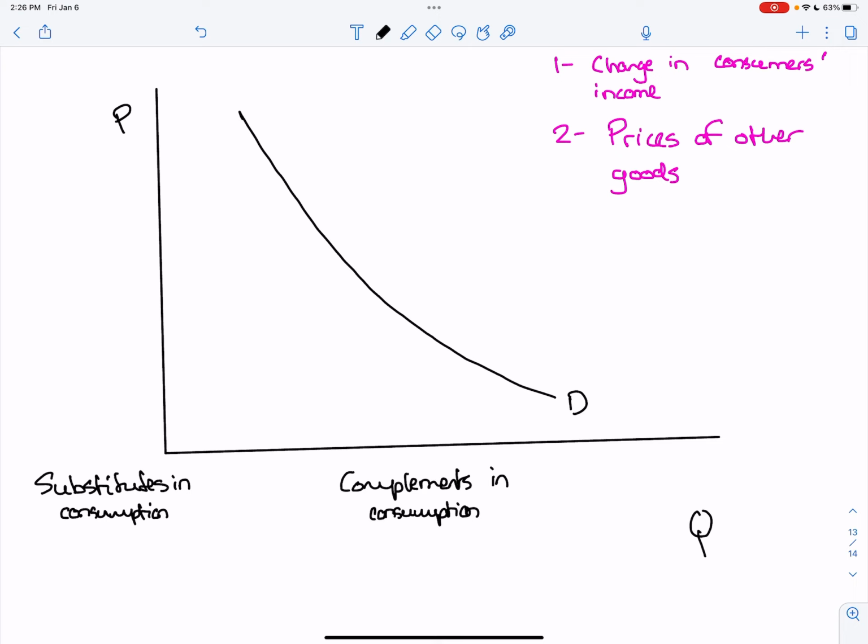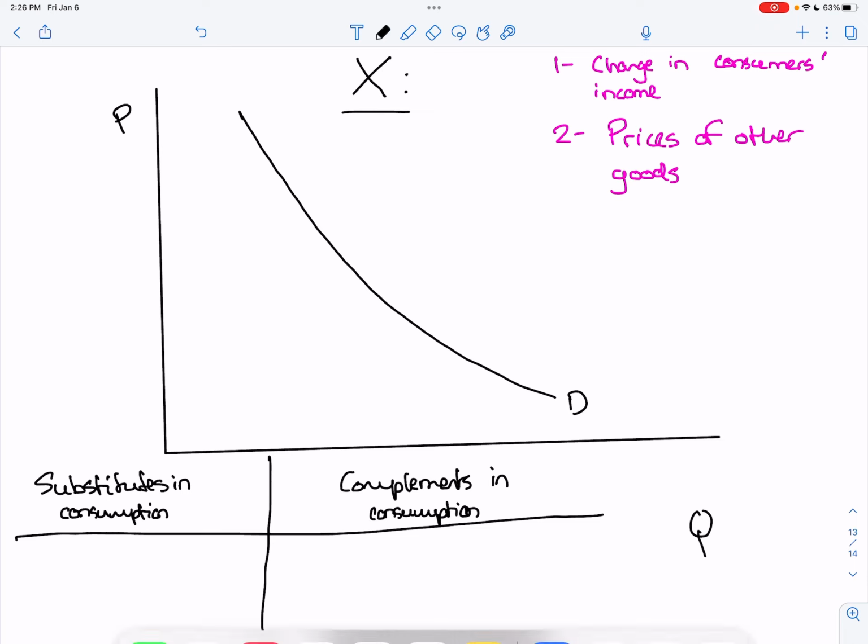Okay, now let's say that this graph is the graph of good X. Let's think about what happens when another good, call it good Y, either increases or decreases in price. Let's say the price of Y, now considering Y as a substitute in consumption, decreases.